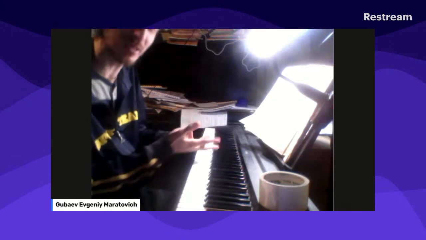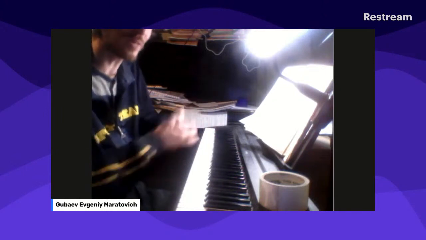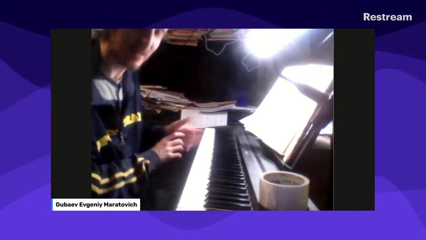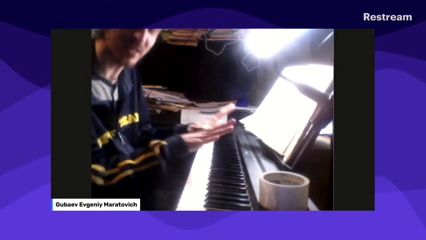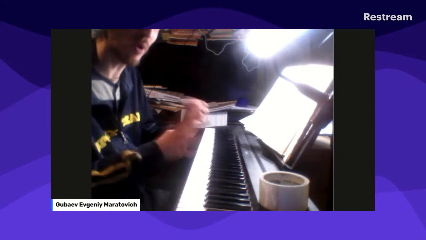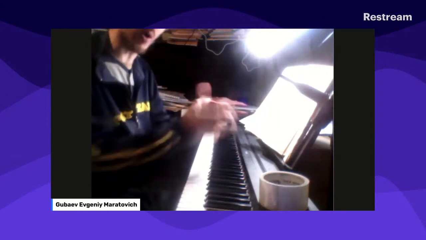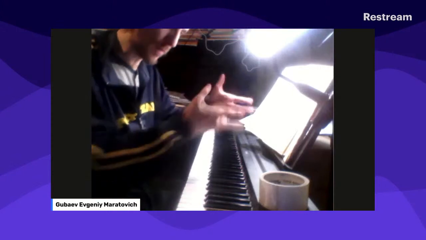It is just the basis. Of course, it is more complicated, but you have to find these yams in the melody, like in poetry.